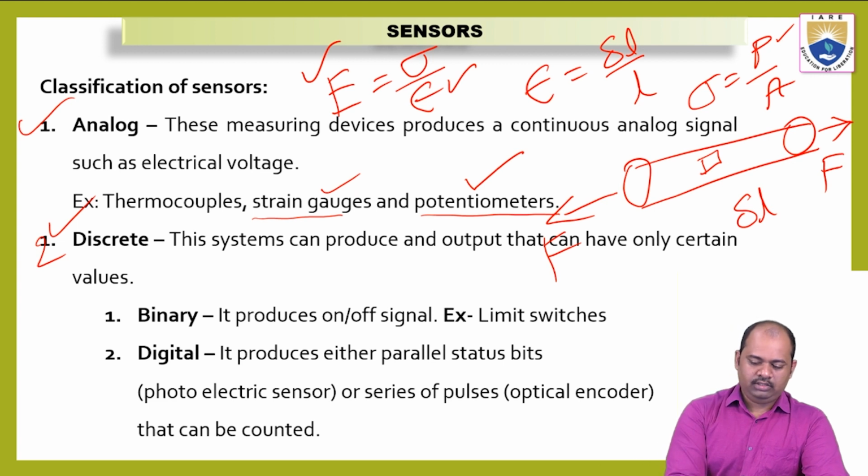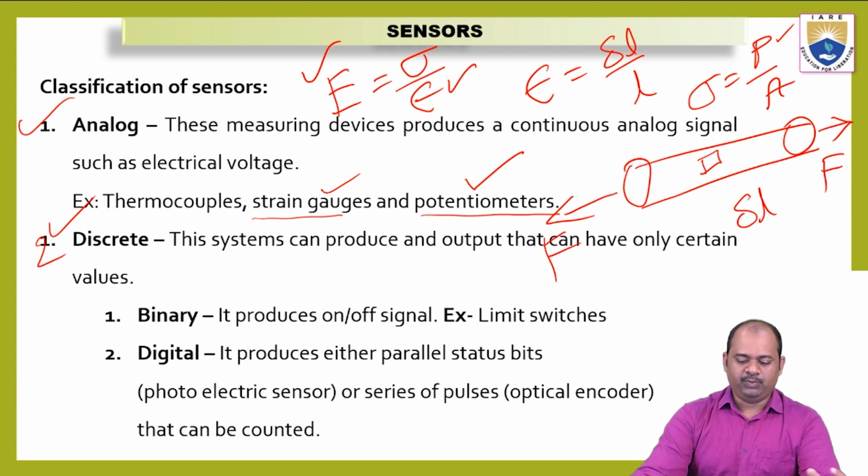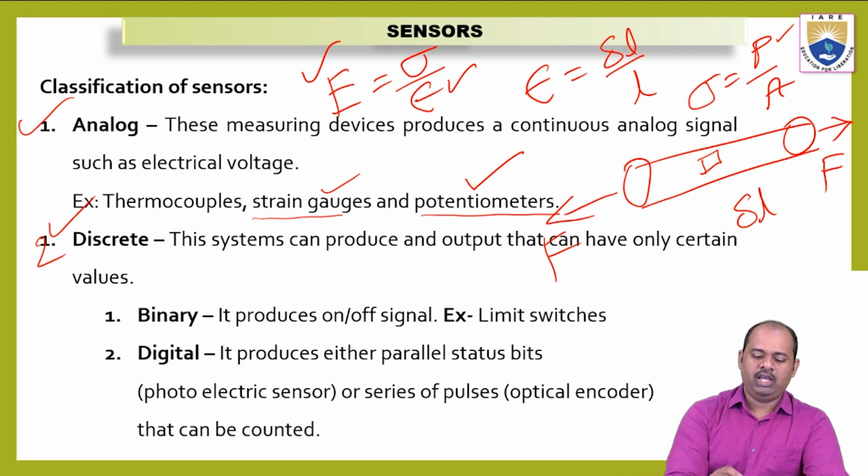Okay. And then, this is the first kind of sensors, analog sensors, which produce a continuous signal like electrical voltage. Now, the second type is discrete sensors. This system can produce an output that can have only certain values. Now, again, discrete sensors are of two types.